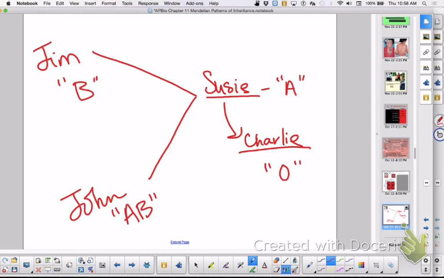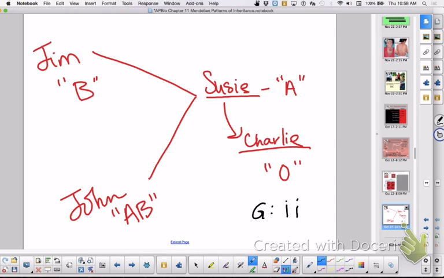All right, so let's talk about it. What is Charlie's genotype? Small i, small i. You have to be more specific. Little i, little i. That is the genotype for Charlie because that's the only way you can be type O blood. Knowing that Charlie came out of Susie's uterus, that is for sure her son.